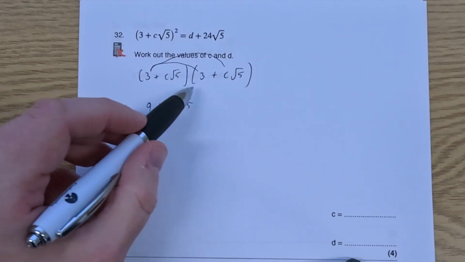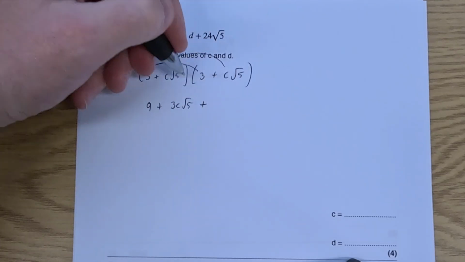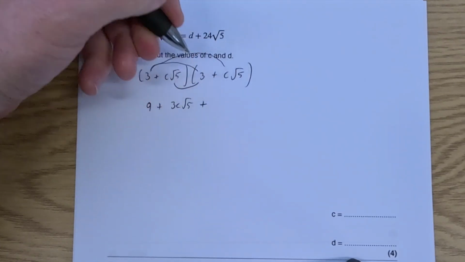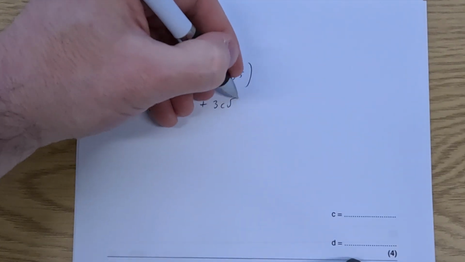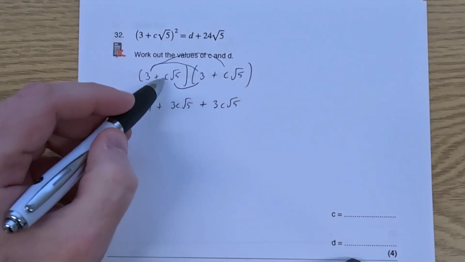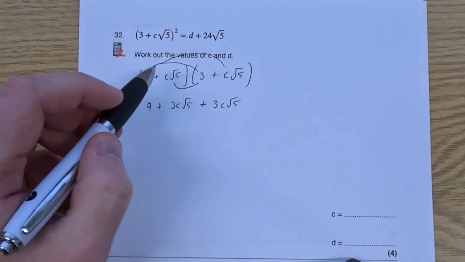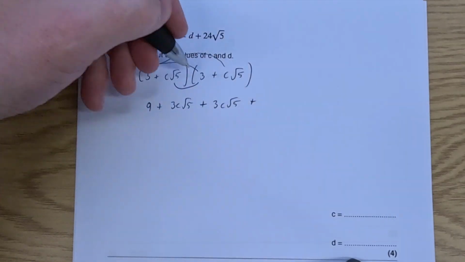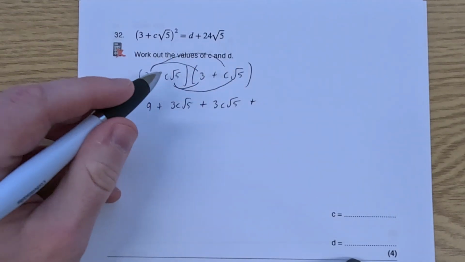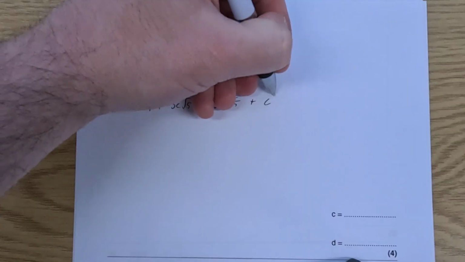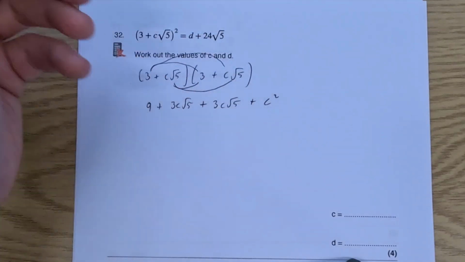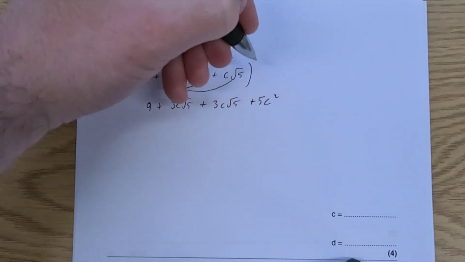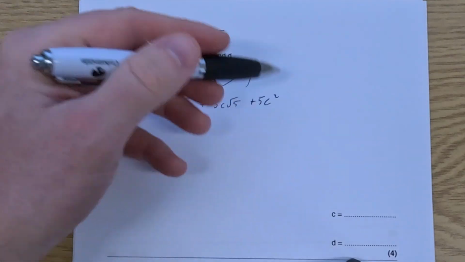Plus, then we've got c root 5 times 3, so that'll be another 3c root 5, because again you do 3 times c and then have the root 5 after it. And finally, plus c root 5 times c root 5. Well, c times c is c squared, and root 5 times root 5 is equal to 5, so that'll be 5c squared, putting the 5 in front of the c squared.